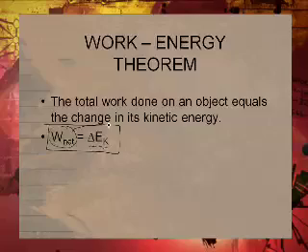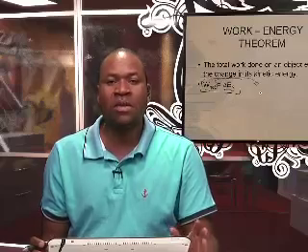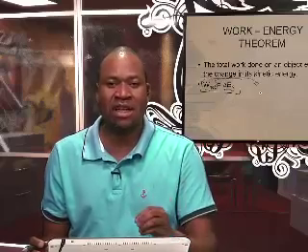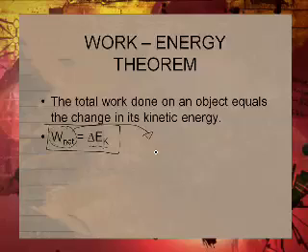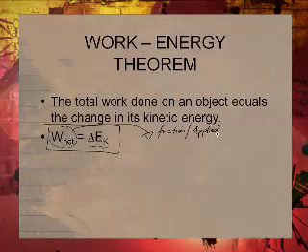And when we talk net work, it's as if we're referring to work as something that is a vector quantity. Yet we know that work is not a vector quantity, it's a scalar quantity. Now, why net here? Because friction also does work on objects. And we have friction, we have applied force.